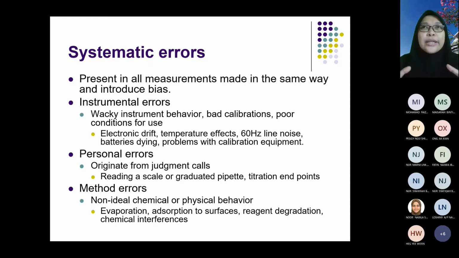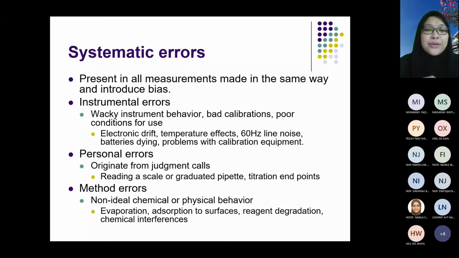Suppose you need to handle high concentrated acid in fume hood tapi you handle dekat luar. So the fume will affect other chemical near to that acid and it will give you error in measurement after that.